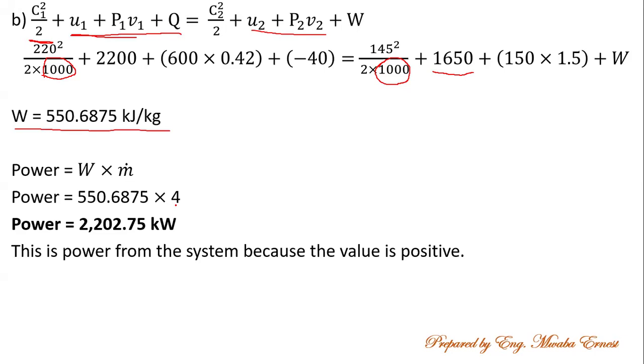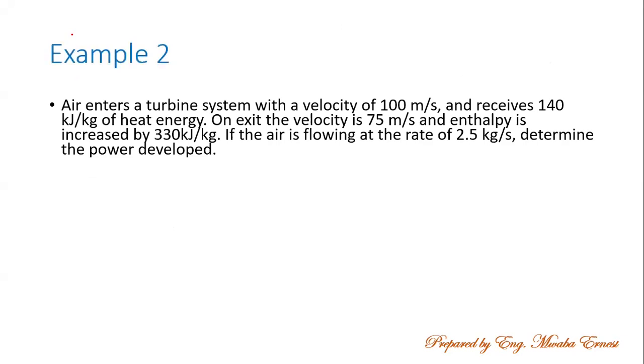Steady flow energy equation. Let's pick up another one where we can see a scenario where this is going to be used. It has been combined, and we're making use of enthalpy. So here's example 2. Example 2 says air enters a turbine system with a velocity of 100 meters per second and receives 140 kilojoules per kg of heat energy.